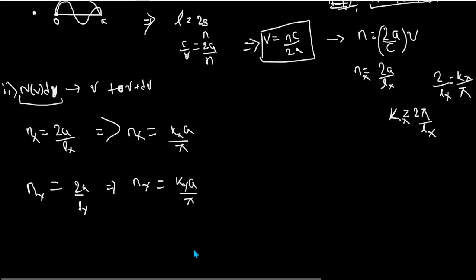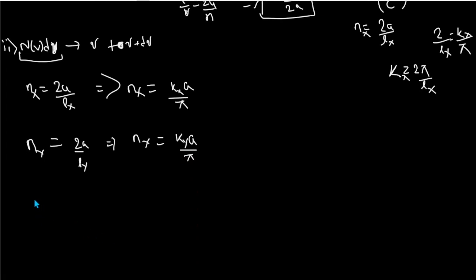And similarly for z, nz equals 2a upon lambda z, where lambda is the wavelength, not the length, which gives kz a upon pi.